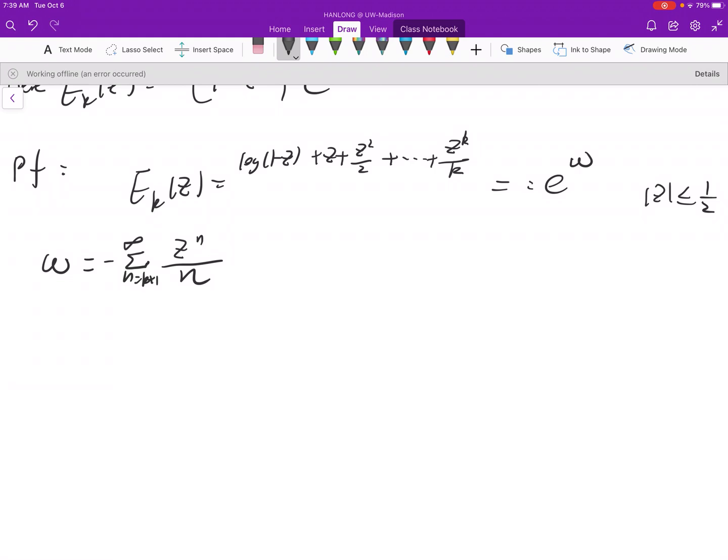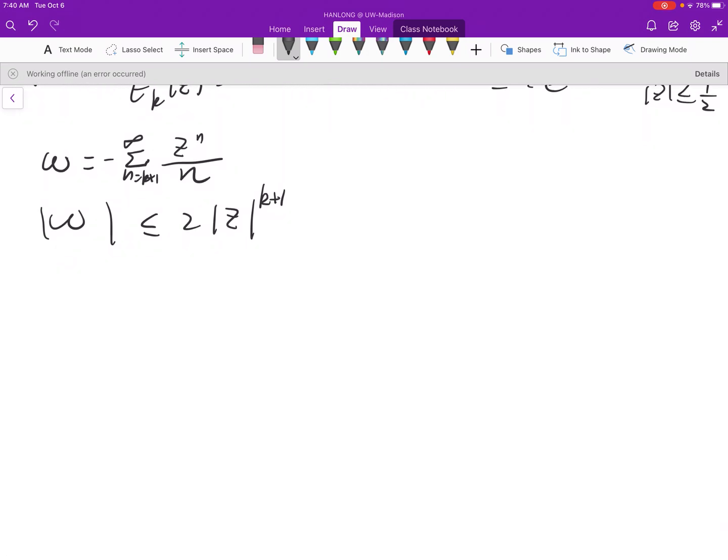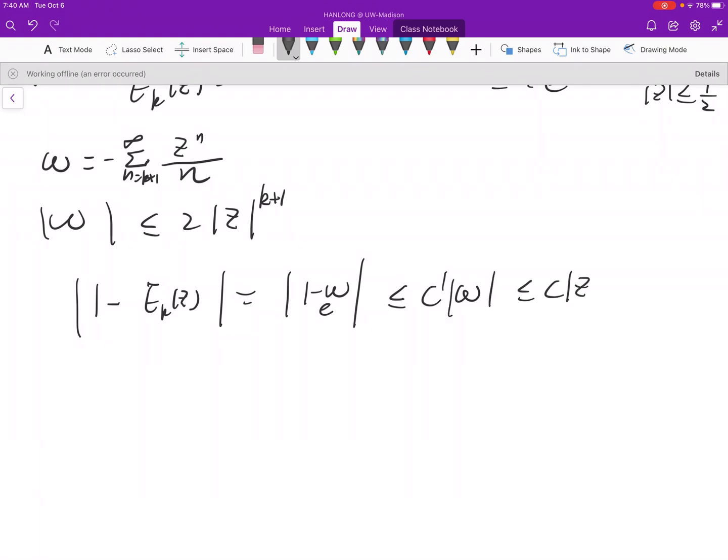And since norm of z is less than 1/2, the norm of omega will be less than or equal to 2 times norm of z to the k plus 1. And then in particular, omega is less than 1. Then the norm of 1 minus Ek(z) is the norm of 1 minus exponential omega, so less than or equal to some constant times norm of omega, less than norm of z to the k plus 1.